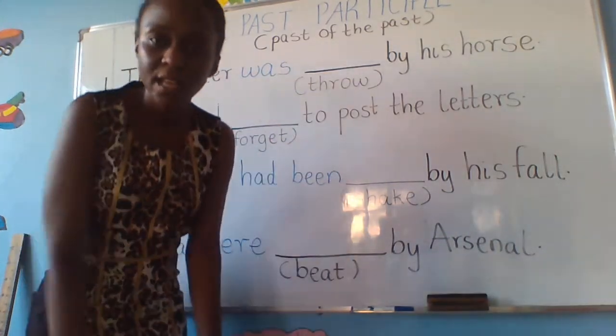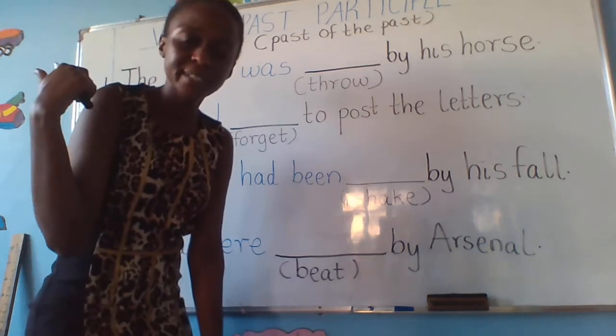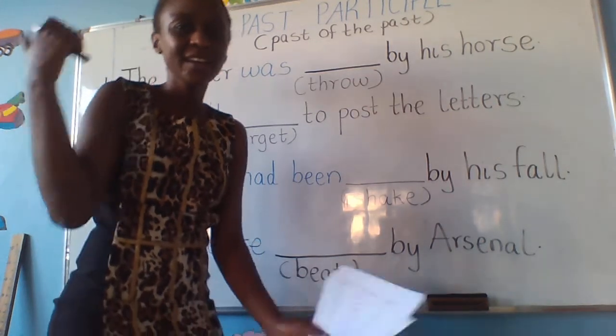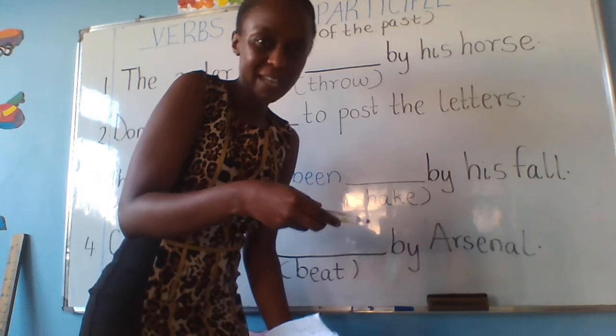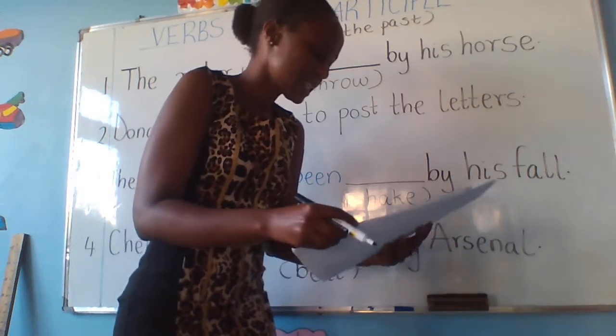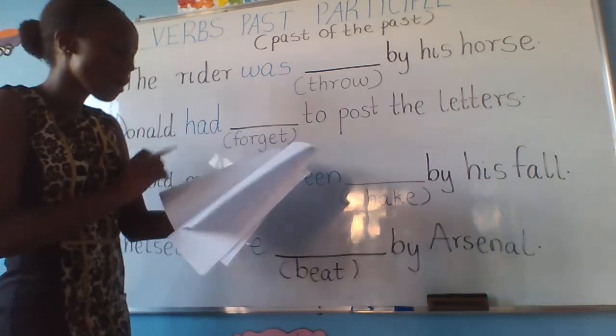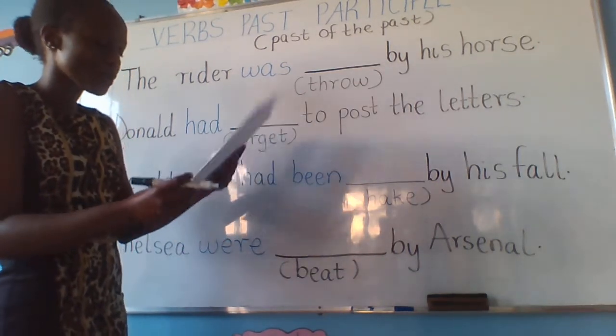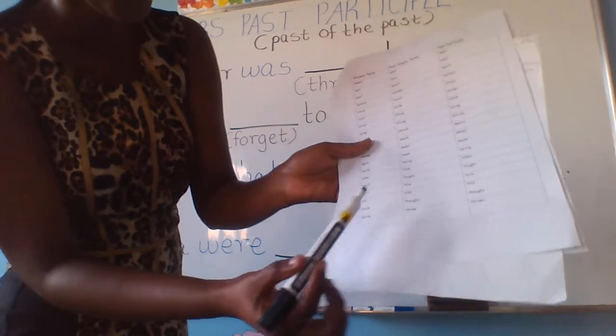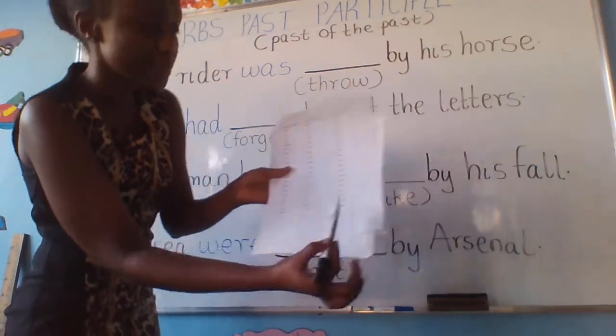Present tense is throw. Past simple tense, threw. Past participle, what is it? Thrown. Say thrown. Good. So throw, threw, thrown.